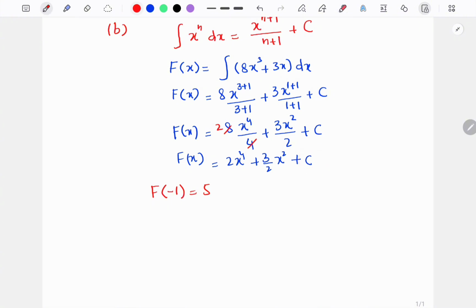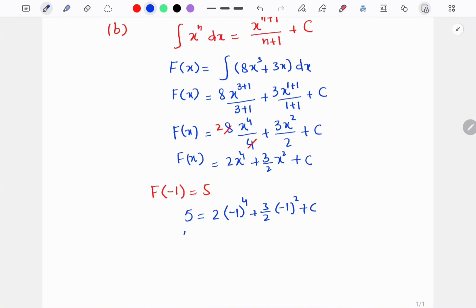So here in place of F of x we can write 5 is equal to 2 times -1 to the power 4 plus 3 over 2 times -1 to the power 2 plus c.